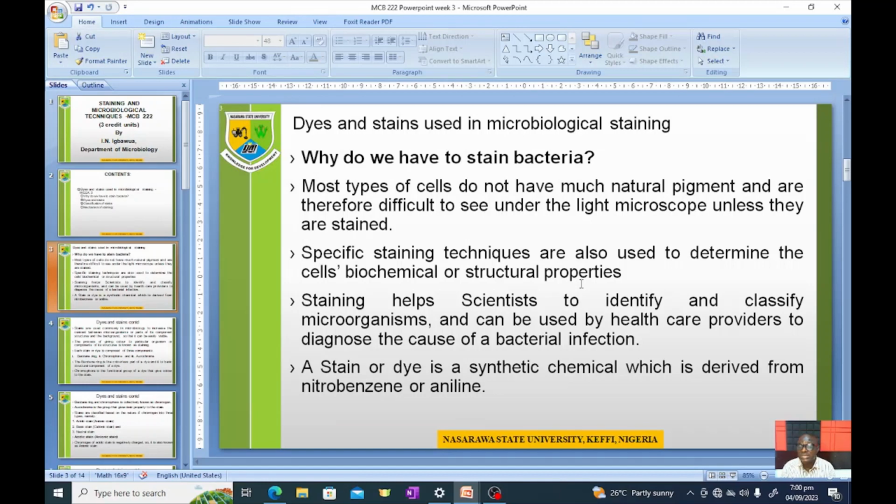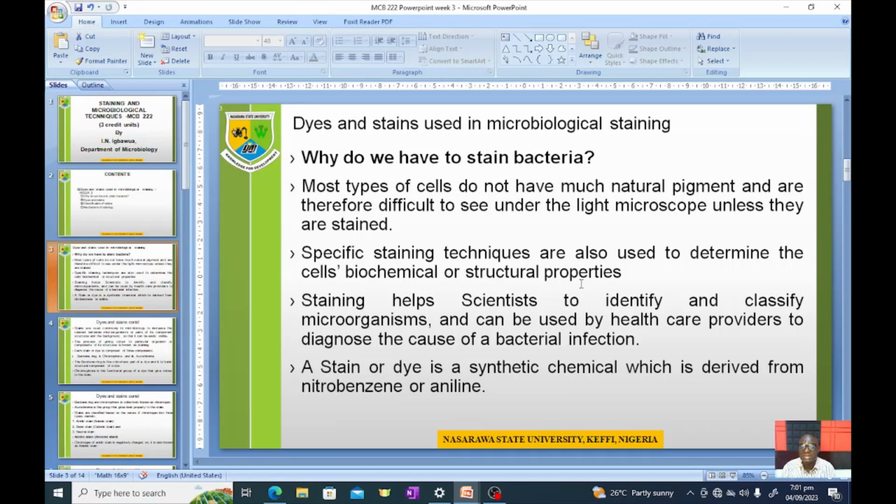Staining helps scientists to identify and classify microorganisms. When you stain, it will tell you whether it is gram-positive or negative. The stain is a differential type and things like that. So you identify whether it's a cocci or a rod. You identify and classify depending on what you see and depending on the type of stain.